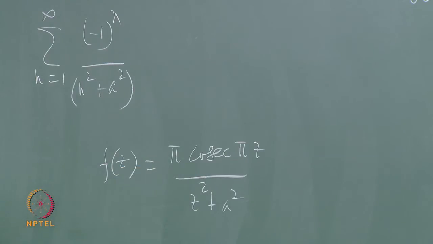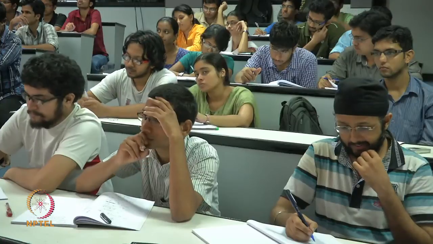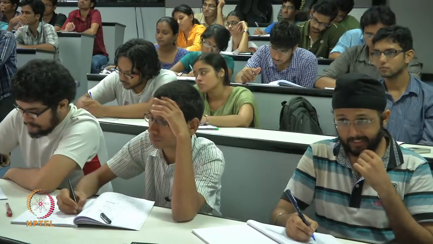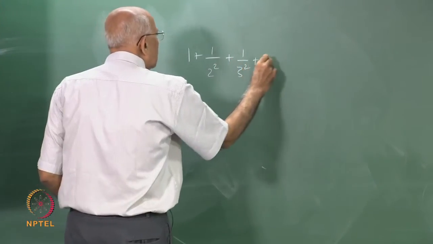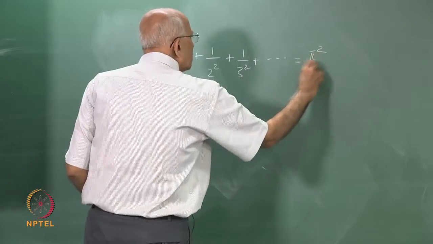But okay. By the way, there is a simpler way of evaluating the zeta function itself. So let me give that example. So you have 1 plus 1 over 2 squared plus 1 over 3 squared plus dot dot dot equal to pi squared over 6.